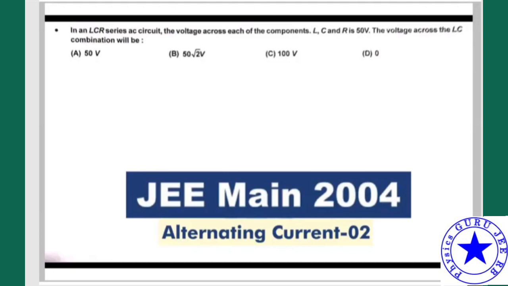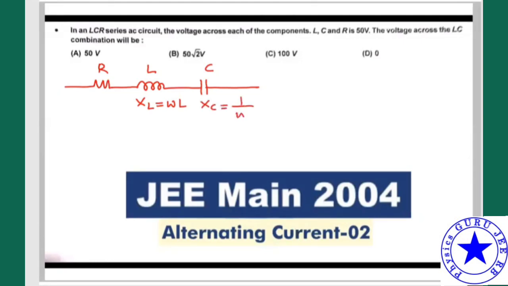Here we have a resistor, inductor and capacitor. XL is omega into L, the inductive reactance, and the capacitive reactance XC is 1 by omega into C.